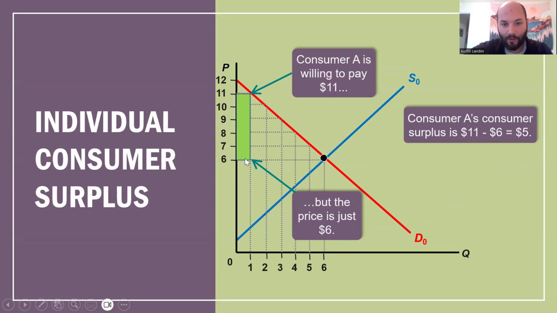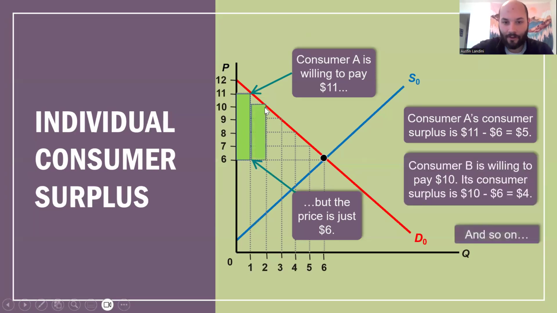So if the market price was $6, this one person who would have paid $11 gets a consumer surplus of $5 because they would have paid $11 but only had to pay $6. Likewise, there's some other consumer or set of consumers who are willing to buy a second unit at a price of $10. They would have paid $10 but only had to pay $6, so they get some consumer surplus.